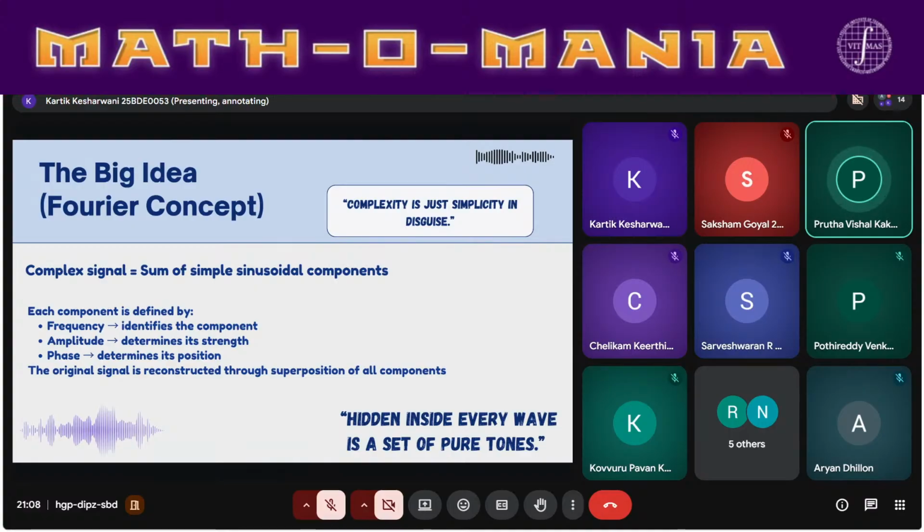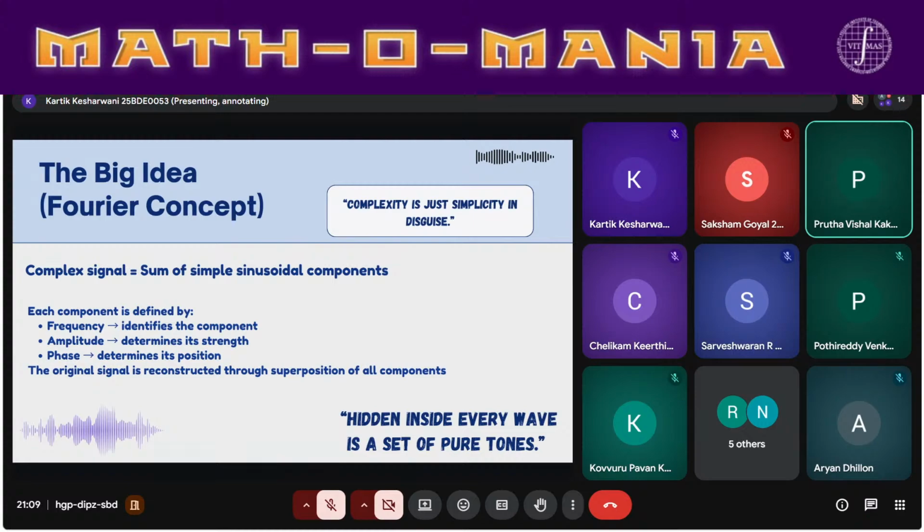To understand this better, let's think about sound. Imagine you're listening to a musical chord played on a piano. When you hear it, it feels like a single sound. But in reality, that chord is made up of multiple notes being played at the same time. Each of those notes has its own frequency.